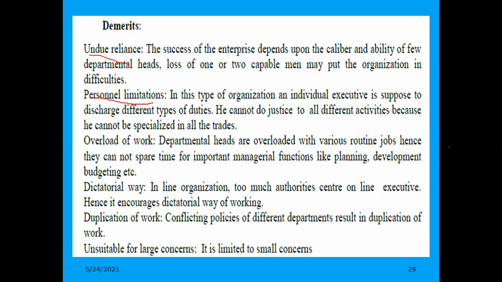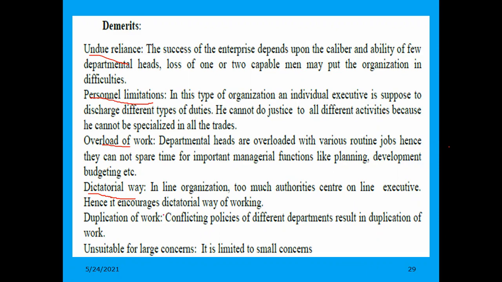Next one is overload of the work. Next one is dictatorial way. Here, too much authority is centered on the line executive, hence it encourages a dictatorial way of working.